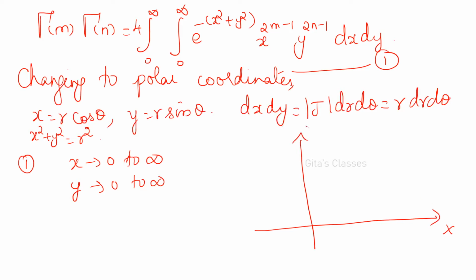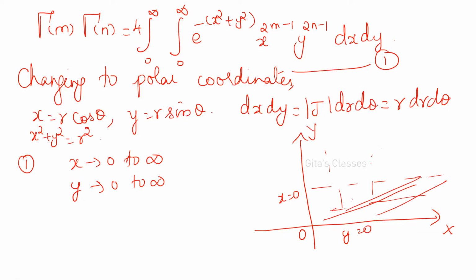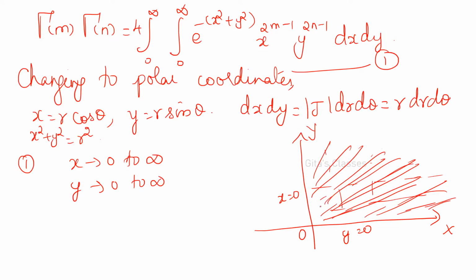This is the x axis, this is the y axis, this is the origin. This is the line x is equal to 0, this is the line y is equal to 0. So x varies from 0 to infinity means it will go this side. Y varies from 0 to infinity. Therefore it is the entire first quadrant. This is our region. Region of integration is the entire first quadrant.